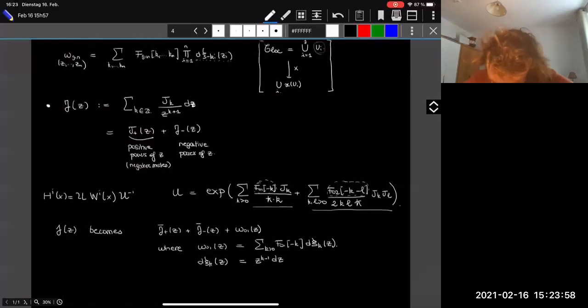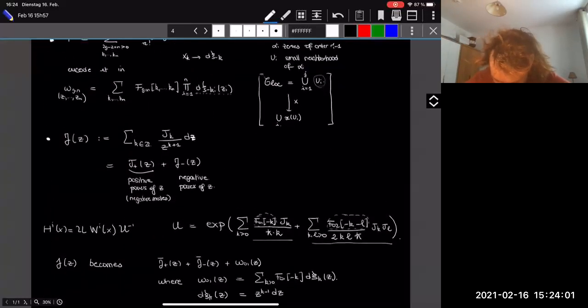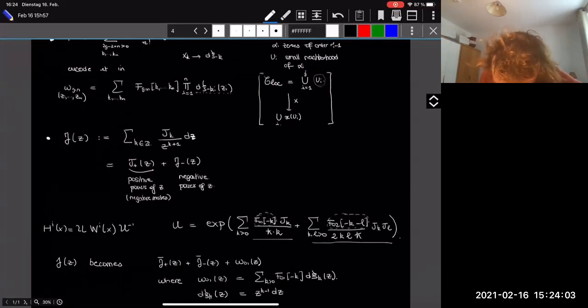So that comes from shifting the negative modes, therefore the positive powers of z.